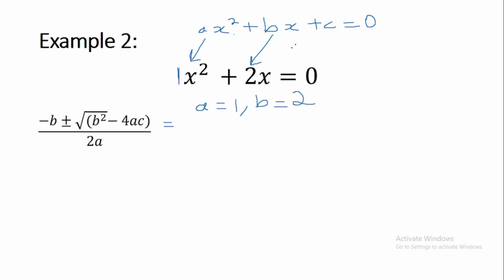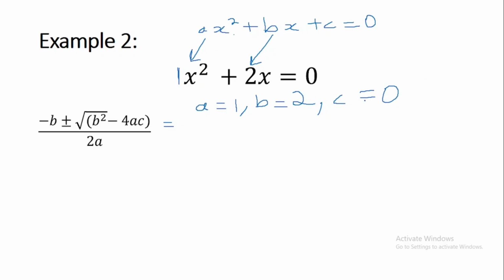But if you look at this equation, unlike the one before, there is no constant. There's no number standing by itself. So our c is just going to be equal to 0. In other words, there's nothing for c. It's just 0.